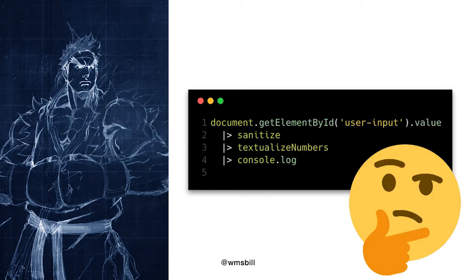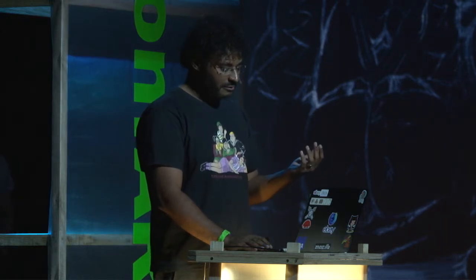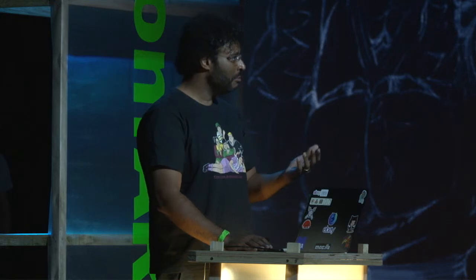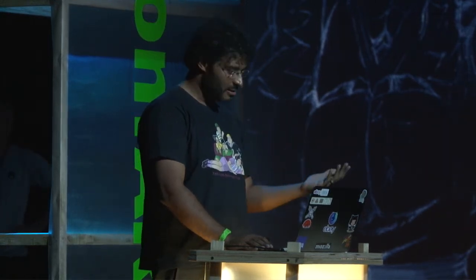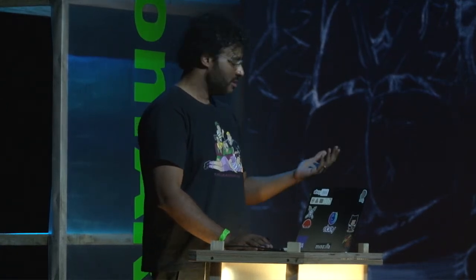Okay, but what if my chain function needs one more parameter? Because in that example that I just showed you, it receives just one parameter. So let's suppose that the textualize number function has a second parameter, which is a list of the numbers that need to be textualized. And our manager asks us to textualize just zeros and ones.